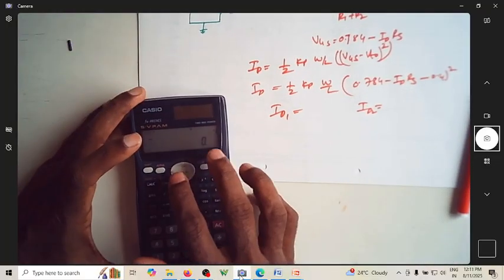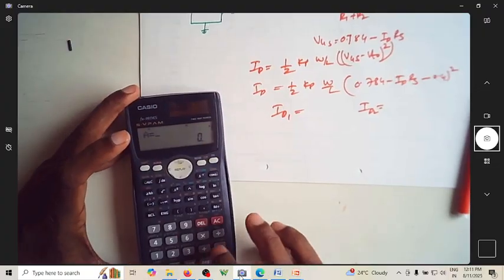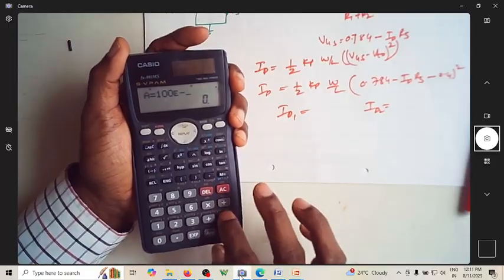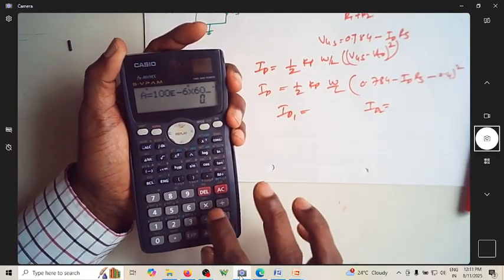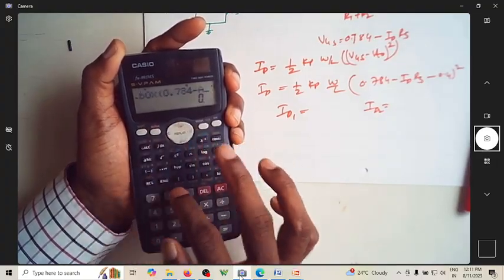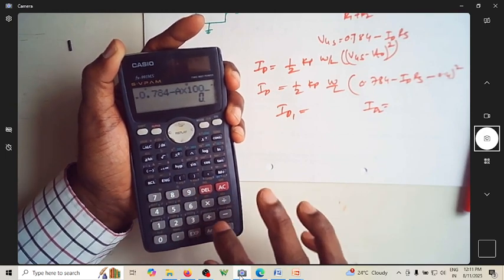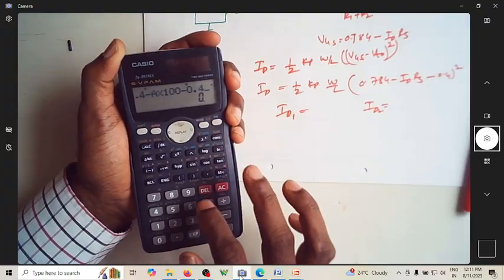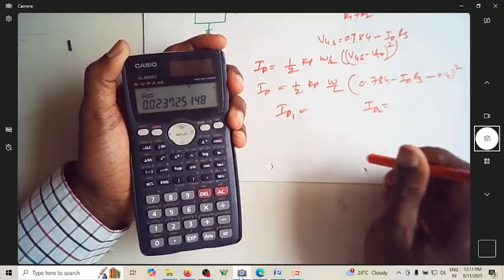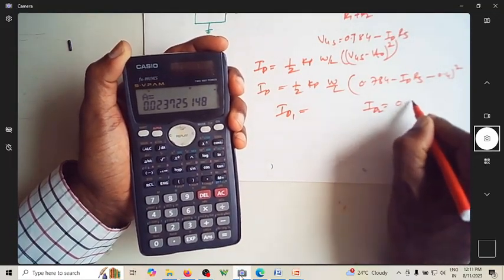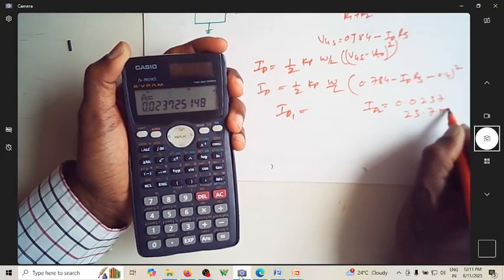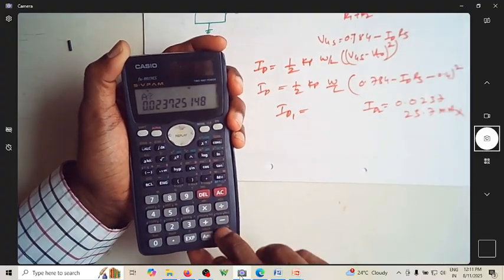ID equals 100 exponential minus 6 into 60 into (0.784 minus ID into 100 minus 0.4) whole square. Shift calc. One of the values is 0.0237, that is 23.7 milliamperes, which is not a possible case.